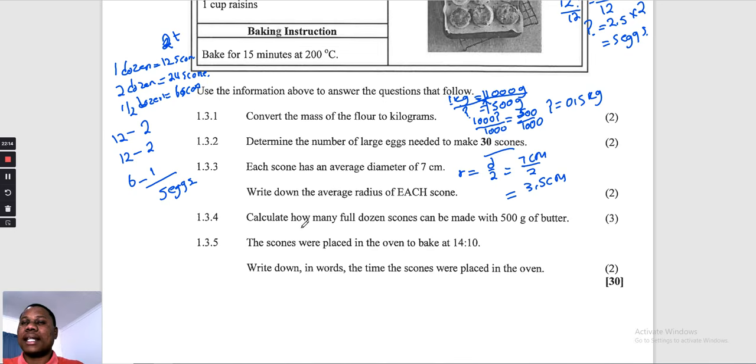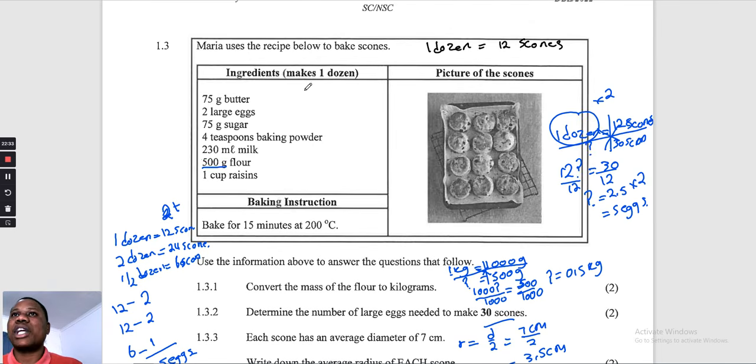Alright, now the next one, 1.3.4. They say, calculate how many full dozen scones can be made with 500 gram butter. So we must check here.